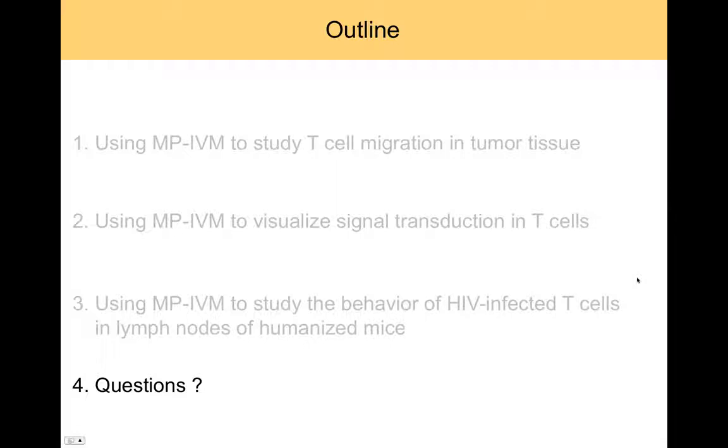Also, if you do in vitro studies, you always have to make assumptions on how to best replicate the in vivo situation, because that's what you ultimately want to model. And you never know for sure whether these assumptions are correct in terms of, for instance, the stoichiometry of T cells and dendritic cells, or the specific type of T cell or its activation state that you generate when you culture these cells.